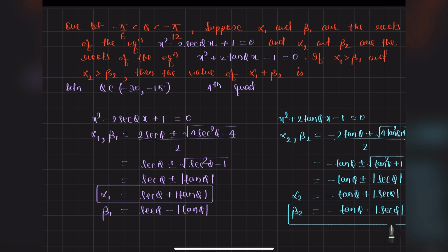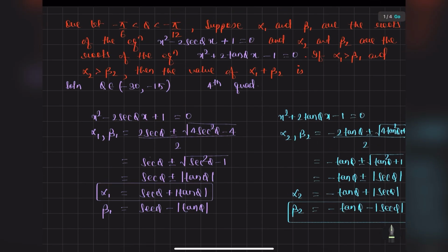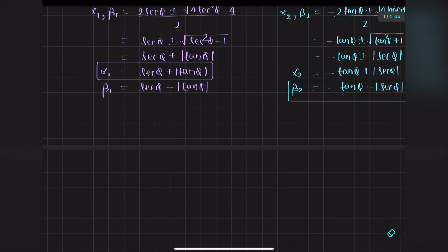We want alpha 1 plus beta 2. Alpha 1 is sec theta plus mod tan theta, plus this situation, so plus minus tan theta minus mod sec theta. Now look at this. You are in the fourth quadrant in which tan theta is negative, so we will multiply by minus to make it positive.